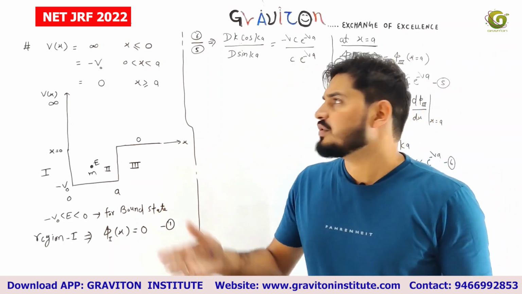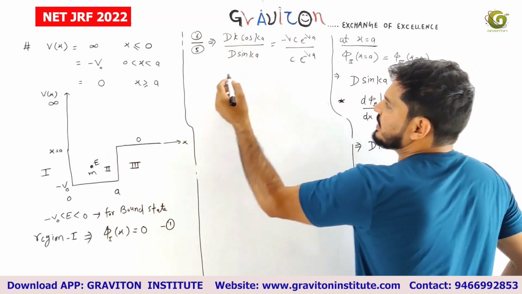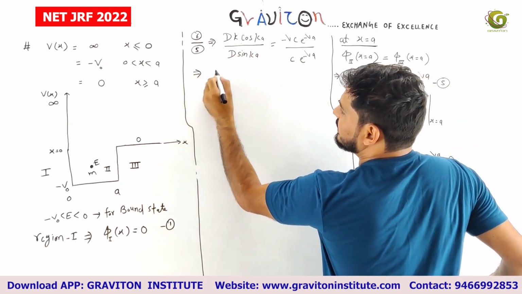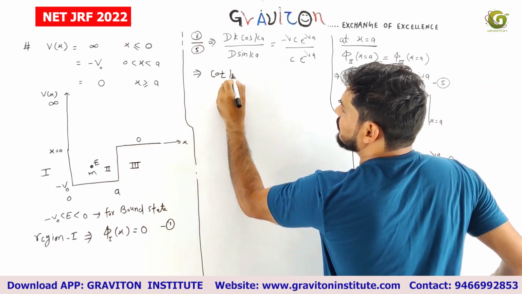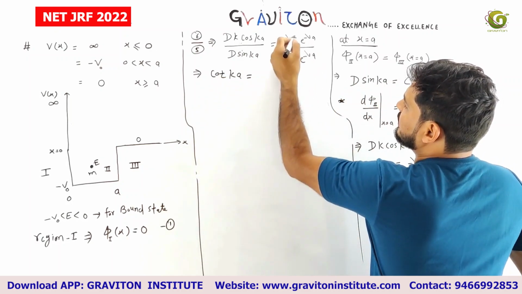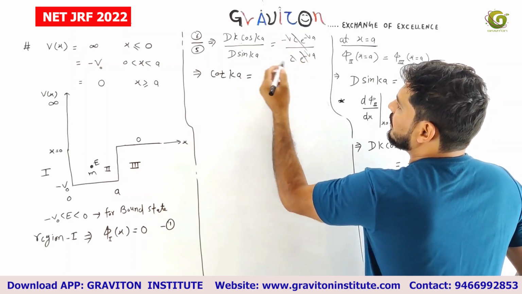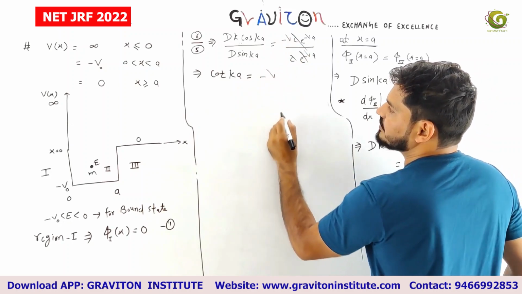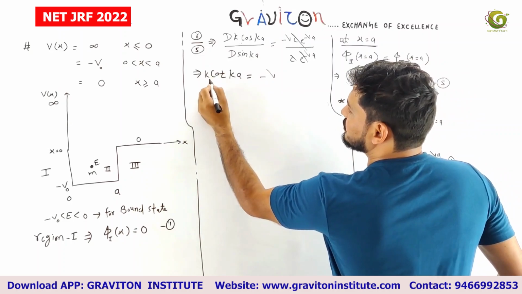Fine. Now you can cancel. In this one d and d you can cancel, so you will get simply cot ka, and from this side you can cancel these two terms, and this is minus gamma, and this k is also there.